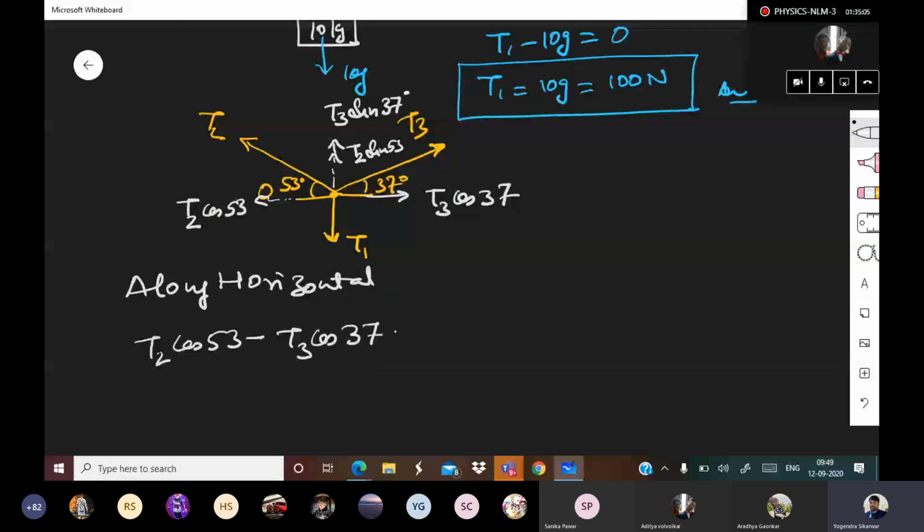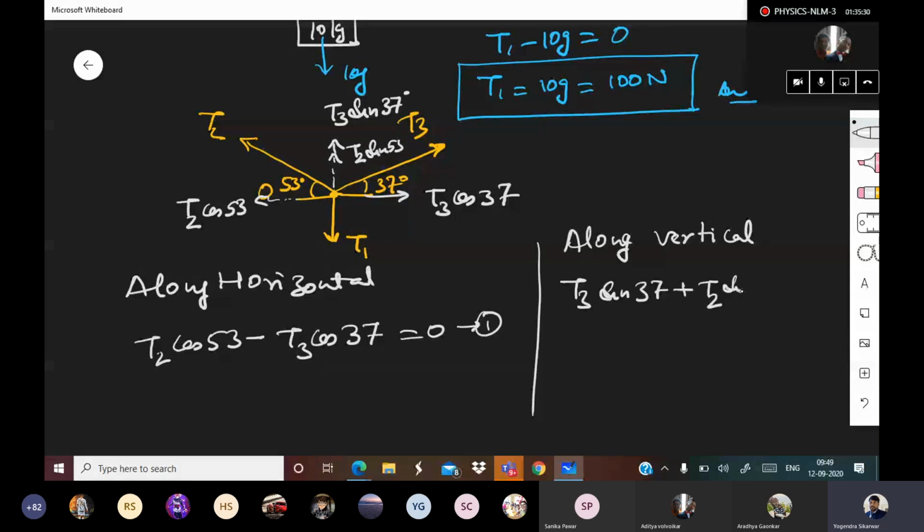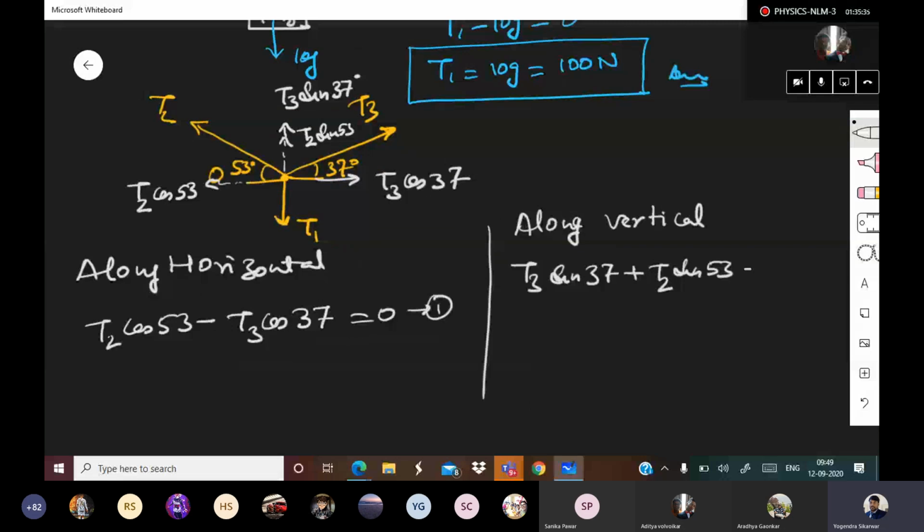This is equation 1. And along vertical, T3 sin 37, which is upward, plus T2 sin 53, also upward, minus T1 is equal to 0.